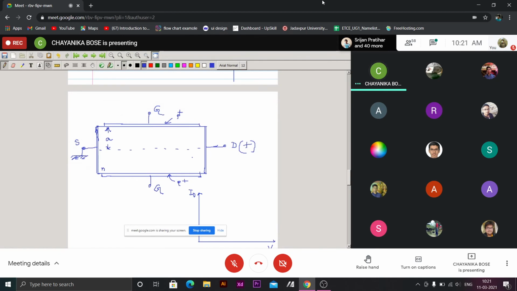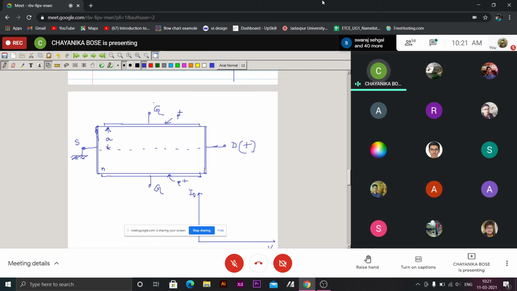So the name field effect transistor. And due to the presence of these two junctions, which are instrumental in controlling current by this method, it is called a junction field effect transistor.